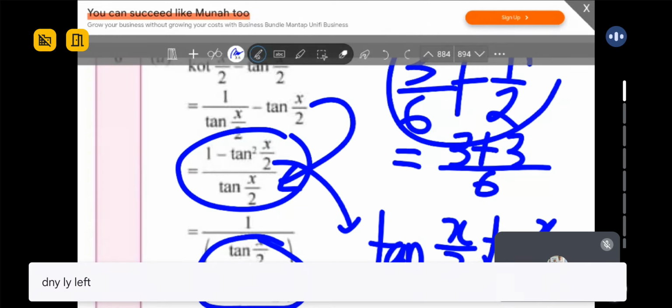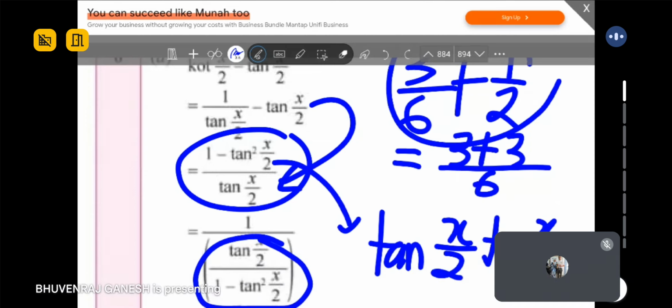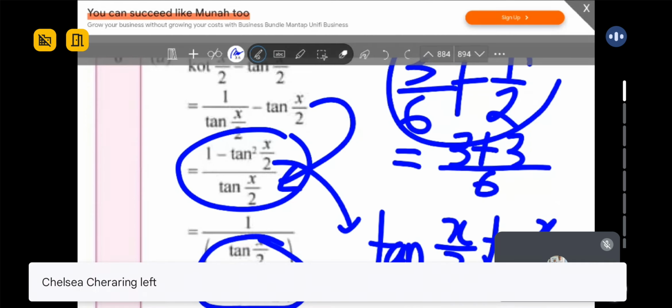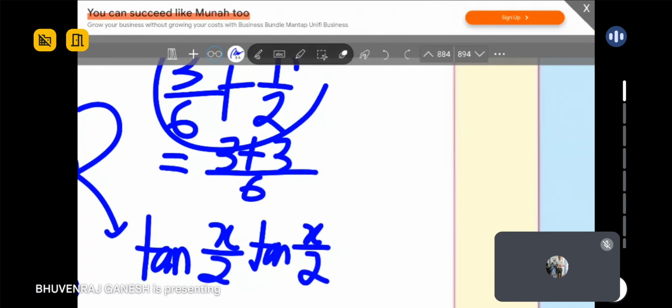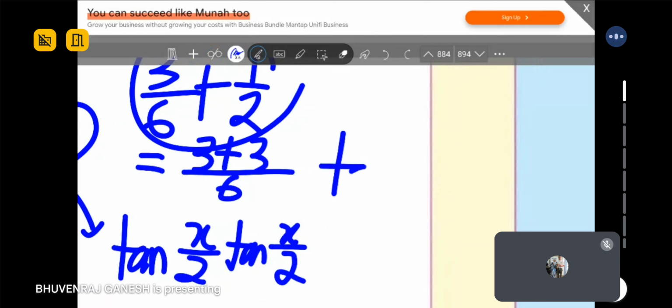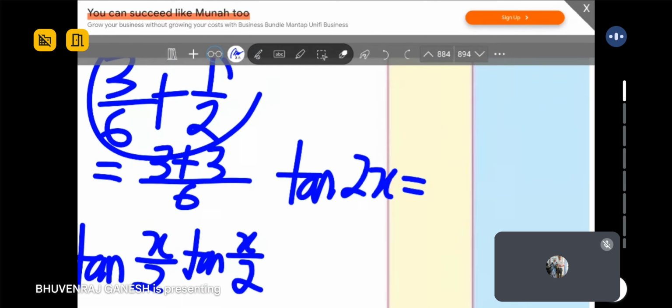So tangent x over 2 actually has a formula. Betul? Ada satu rumus about tangent. If you still remember, tangent 2x sama dengan apa guys? Tangent 2x is equal to, let me think. Siapa ada rumus dia? Saya pun dah lupa. I also forget already.